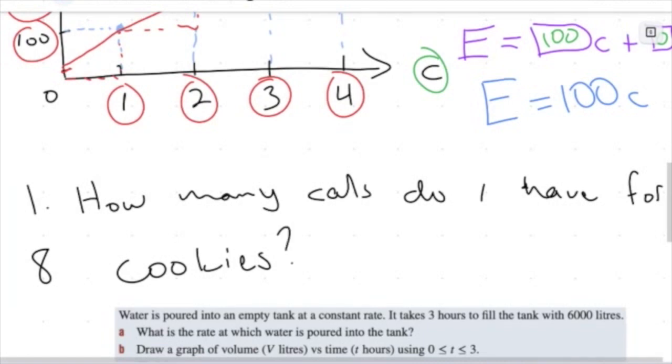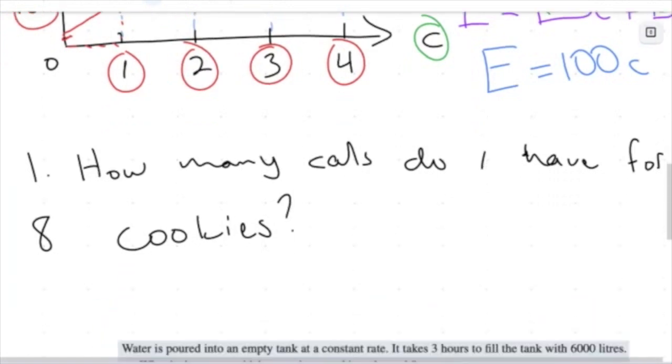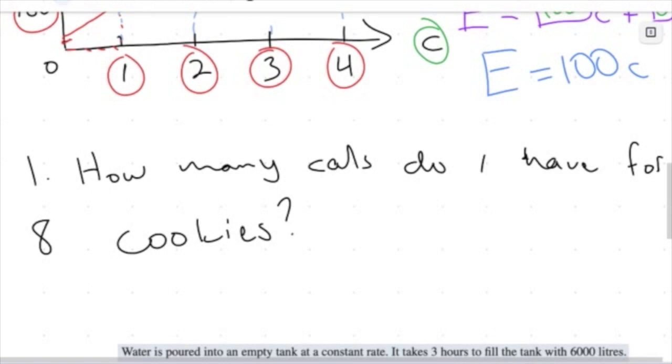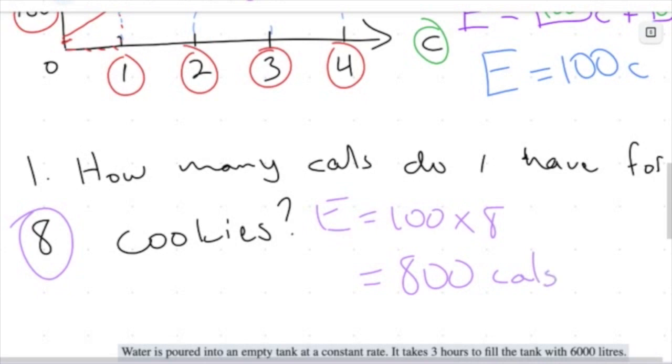Well, I have my energy equals 100 times, and here I have a number of cookies, which I'm going to substitute up here in my linear relationship. So I'm going to be multiplying 100 by 8, which gives me 800 calories. This is how we can work through gradient and direct proportion questions.